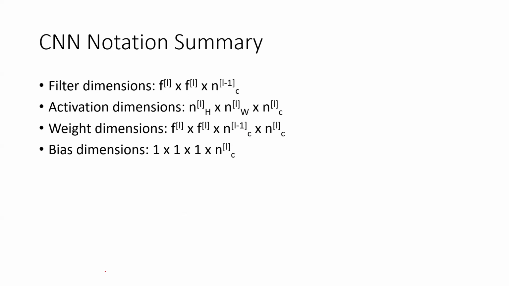These are the filter dimensions. A filter is a square in general, so both height and width are FL, and the number of channels is NC of L minus 1.